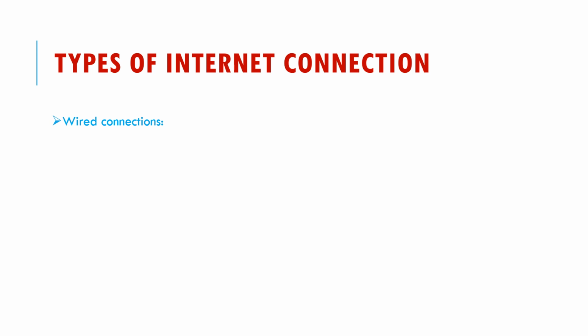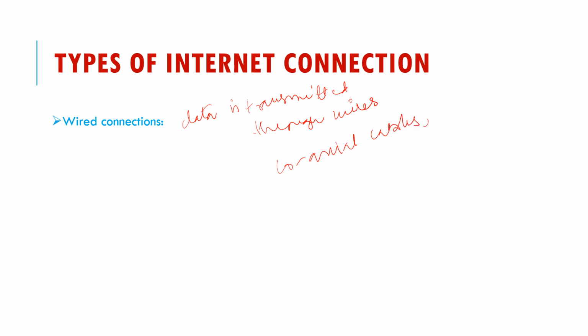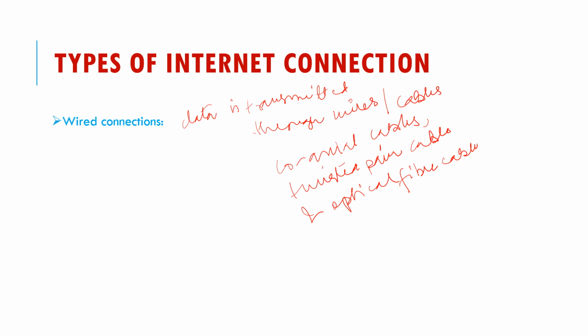In this connection, data is transmitted through wires, wires like cables such as coaxial cable, twisted pair cable, and optical fiber cable.